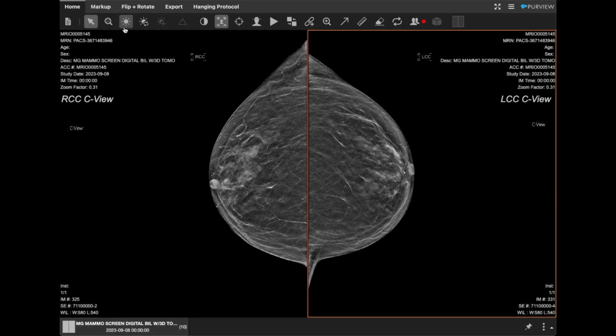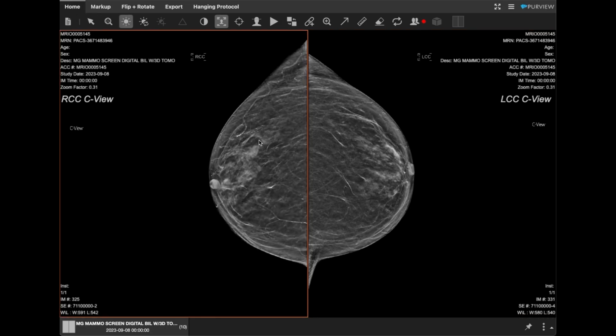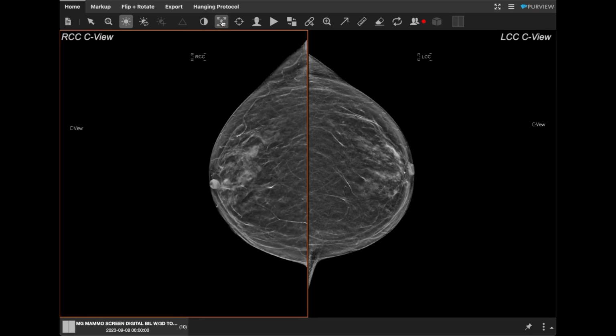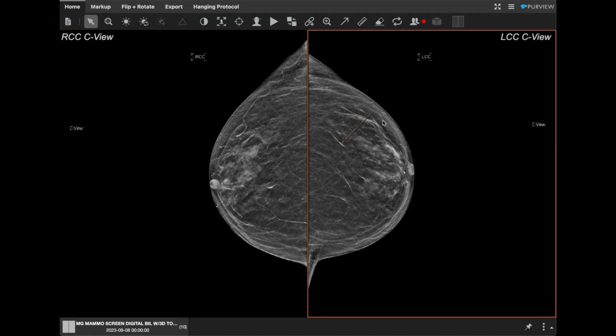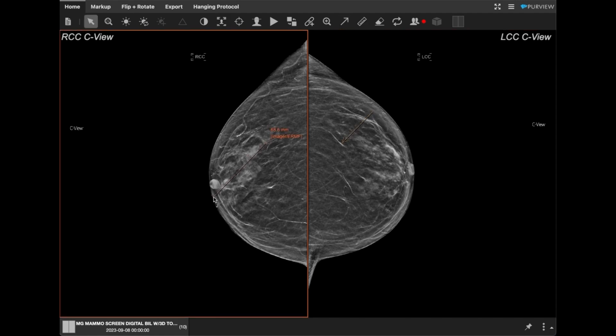From here, we have a lot of options in our Home tab. So we can window, we can invert, we can get rid of our identifiers, we can put arrows down, we can measure things, we can erase, and we can restore the images back to their original form with this button.